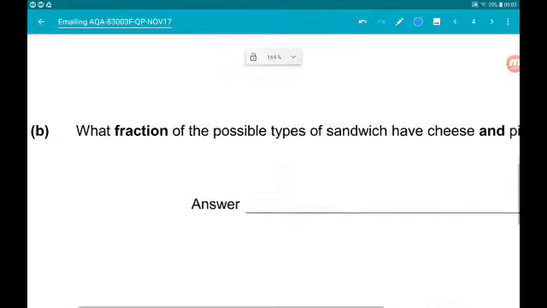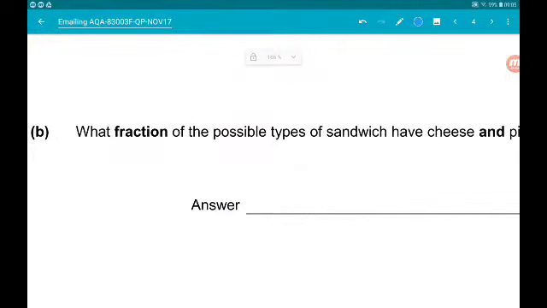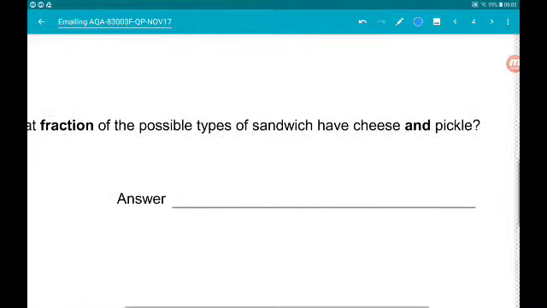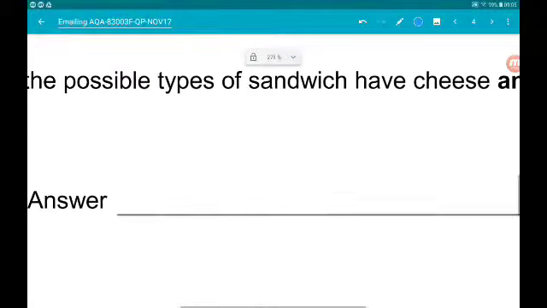Part B. What fraction of the possible types of sandwich have cheese and pickle? We know there are 8 different sandwiches, so our probability is going to be a fraction with 8 on the bottom.